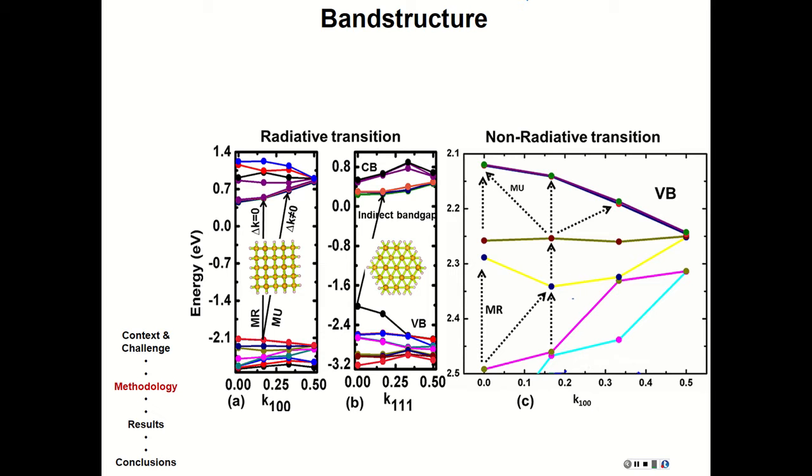In this transition, momentum is conserved. MR means momentum restricted and MU means momentum unrestricted, as understood by the arrows. This is momentum restricted, since the electron travels from one K point to the same K point, but this is momentum unrestricted, since momentum is not conserved here.